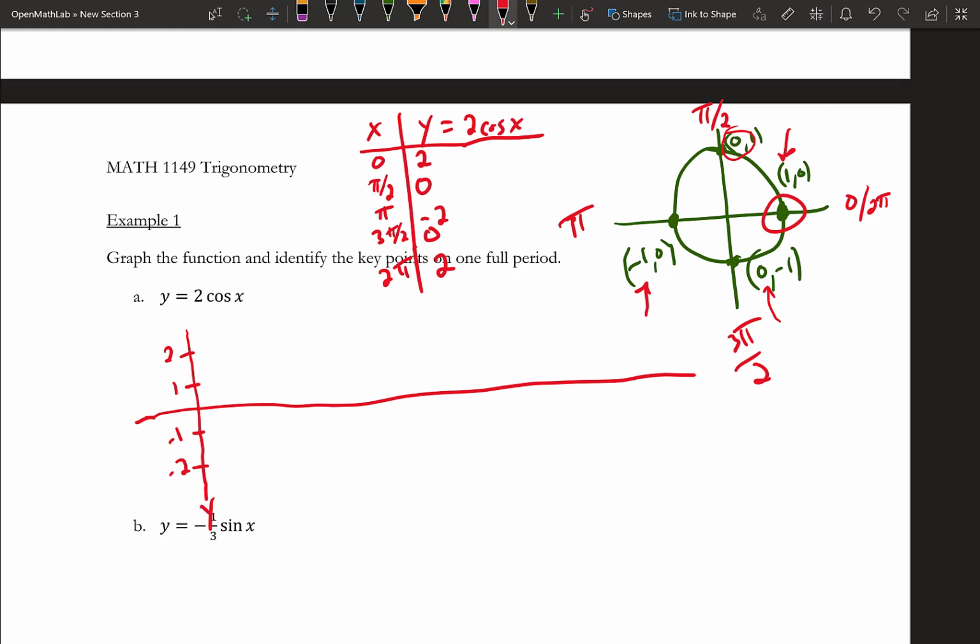There's my y values, my x-axis here, and then my standard x values going up by pi over 2 each time. I just need to plot these points, so we'd be at 0, 2, pi over 2, 0, pi, -2, 3 pi over 2, 0, and 2 pi, 2. And then I can graph the curve. So we get like these hills. We get something like that.